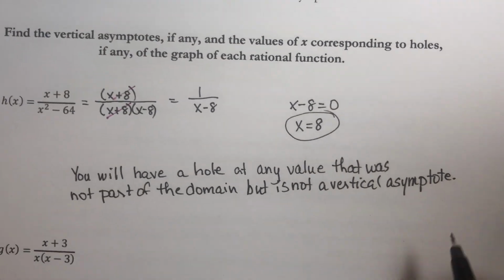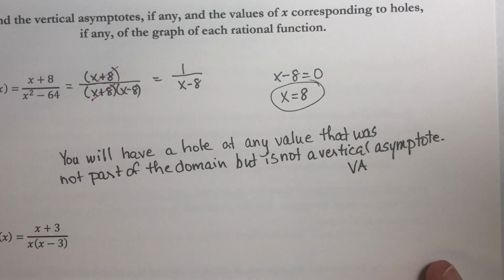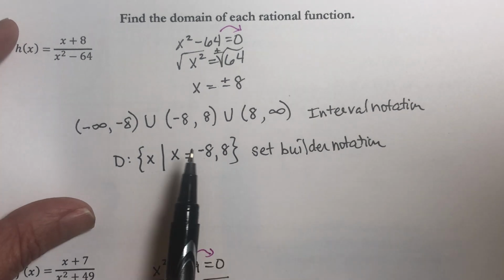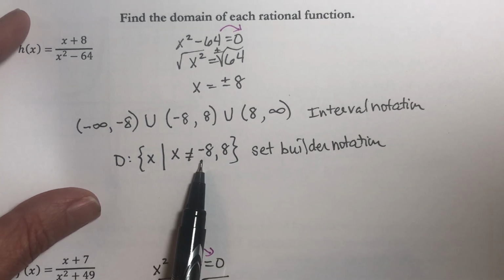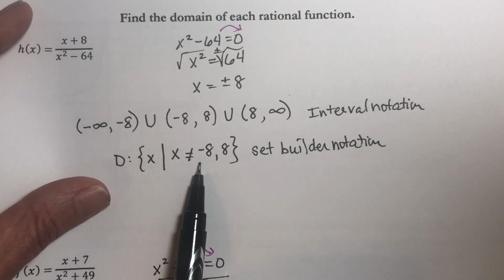And by the way, I'm just going to write VA for vertical asymptote most of the time because I'm lazy. Okay, so I had x equal to 8, which was not part of our domain, but -8 ended up not being a vertical asymptote, so I'm going to have a hole there, and we will talk about how to deal with all of that.